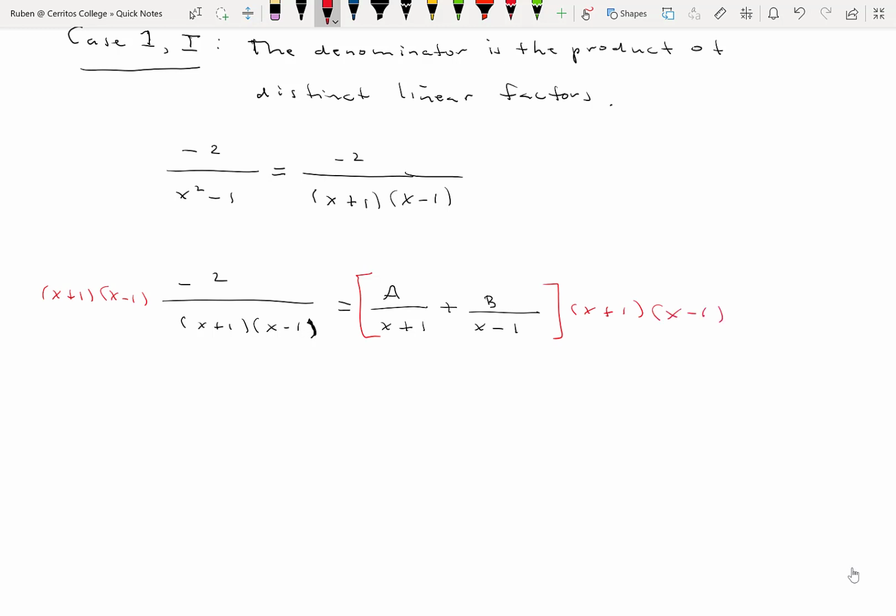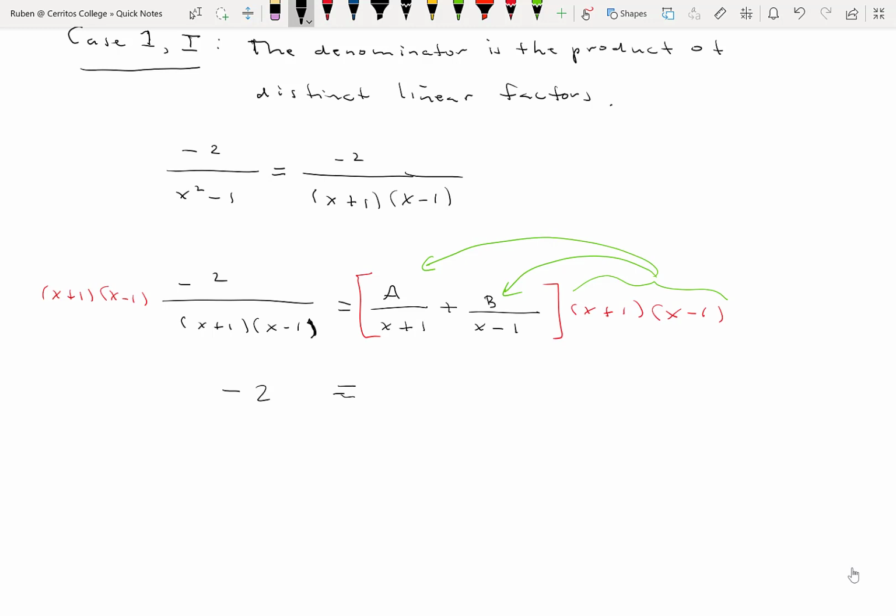If I multiply both sides of the equation now that I formed with these partial fractions, on the left-hand side, both the factors in the denominator will cancel.